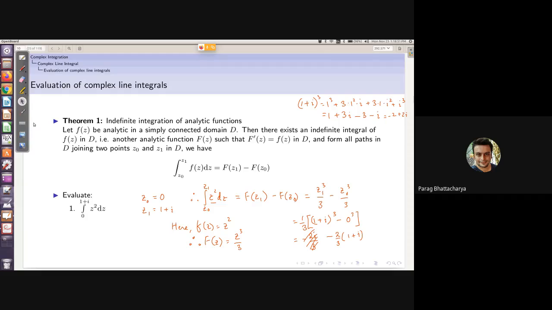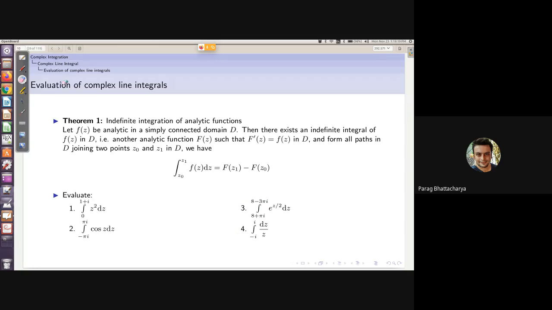Everybody, did you get this? Same answer, minus 2 by 3 (1 plus i). Sorry, no, it should be minus 2 by 3 (1 minus i). Korobi, did you get it? Yes, sir. Okay, great.